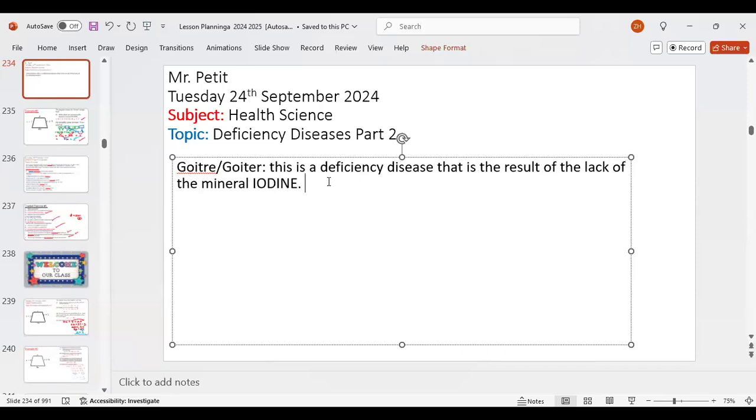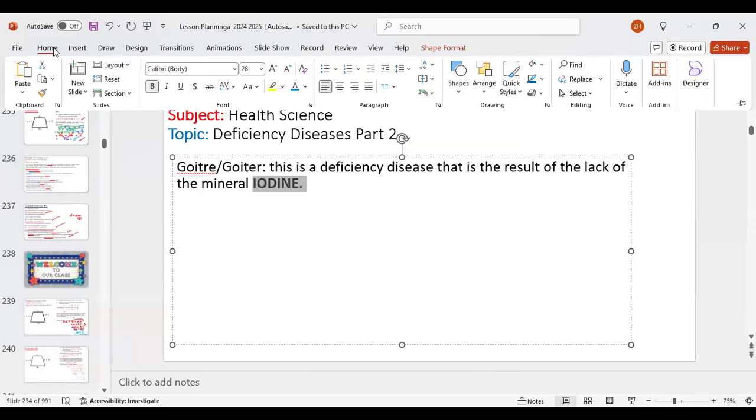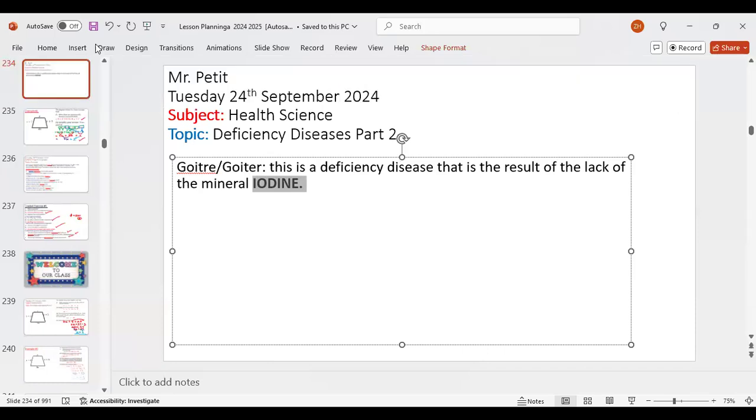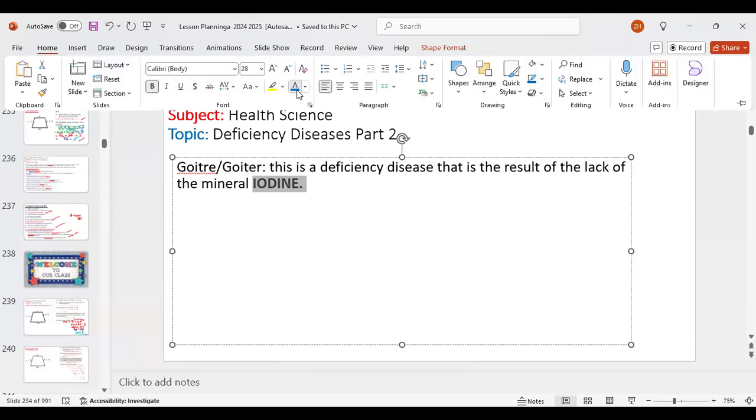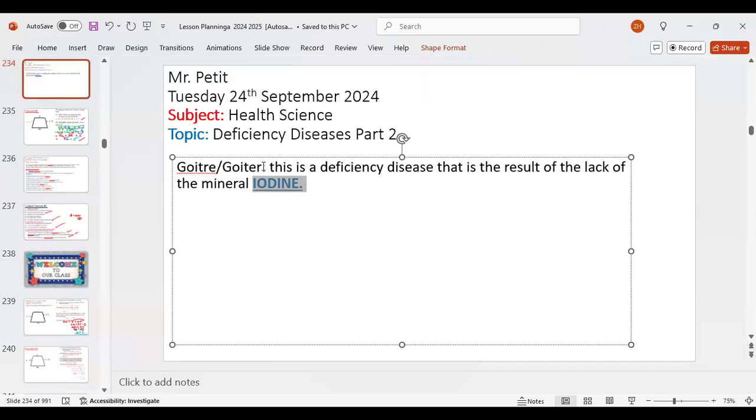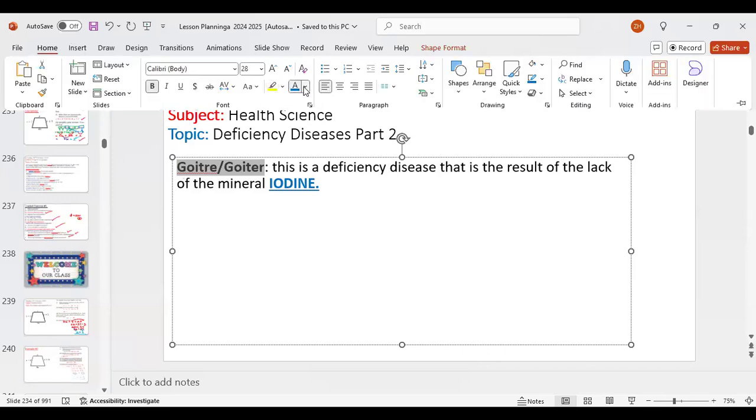If you lack iodine in your diet or in your body, then you're going to have goiter. And goiter is the enlargement of the thyroid gland.